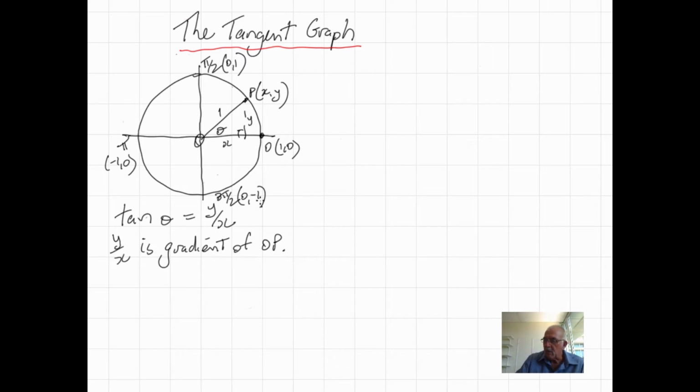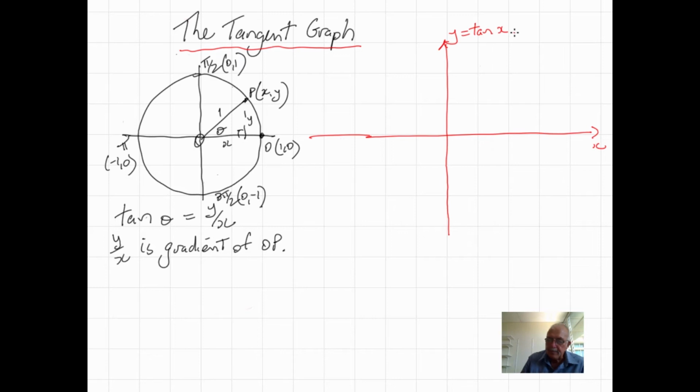Now to get an idea of what the tan graph looks like, so we've got y and x, and y is equal to tan of x.